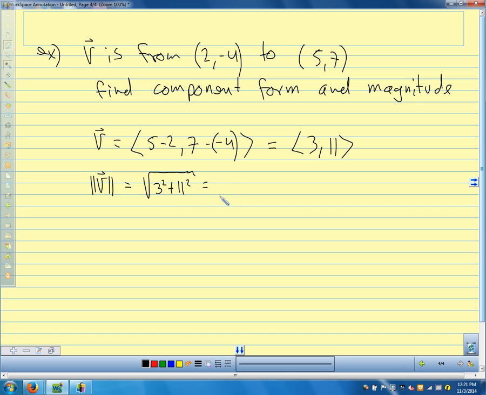And when I calculate that out, I'm just going to leave it written as square root of 130. So component form and magnitude. All right, we good there?